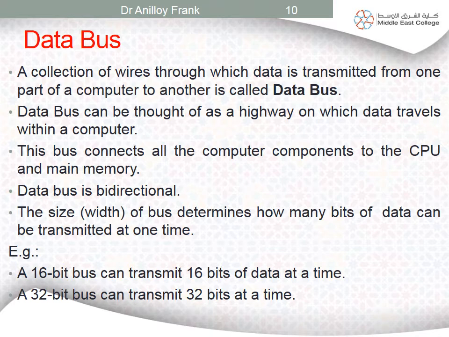The data bus is bidirectional. The size of the data bus determines how many bits of data can be transmitted at one time. Example, a 16-bit bus can transmit 16 bits of data at a time. A 32-bit bus can transmit 32 bits at a time.